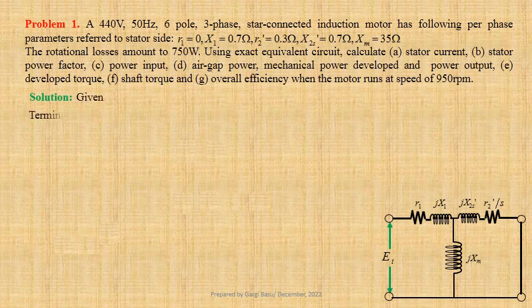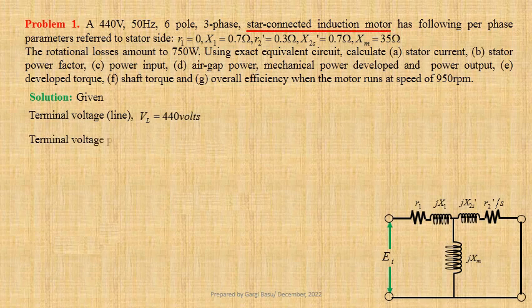Given line-to-line terminal voltage VL equals 440 volts. For star-connected induction motor, terminal voltage per phase ET equals VL by root 3, that is equal to 440 divided by root 3, that gives us 254 volts.